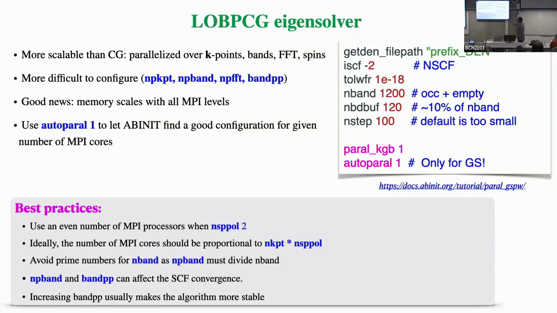Now here I have some suggestions for the input parameters, but the main message is that if you use paral_kgb 1, you have an eigenvalue solver that is more scalable than the default one. And if you use autoparal 1, then Abinit will automatically select all the input variables related to the eigenvalue solver at runtime. So I strongly recommend using these two options in the generation of the wave function file.